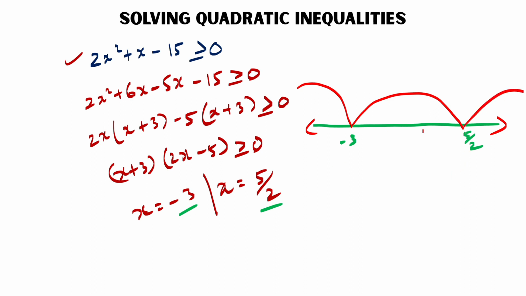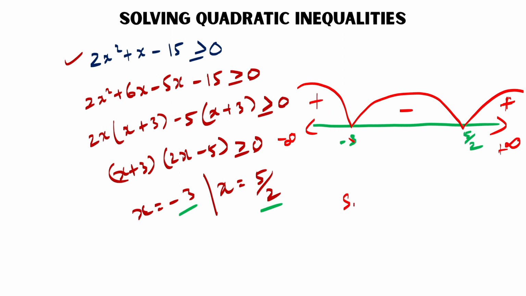This is plus infinity, this is minus infinity, and whatever the values that are after 5 by 2, these will be positive. All the values are positive because the inequality is greater than or equal to 0. So this will be positive, and you can change the sign alternately. This will be negative, and you can change the sign alternately. If this is positive, this will be negative, and this will be again positive.